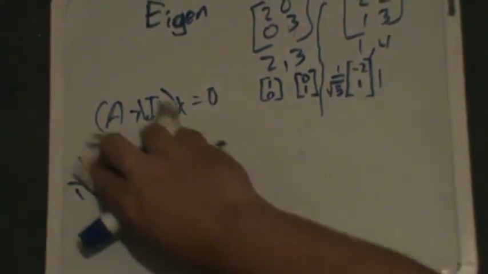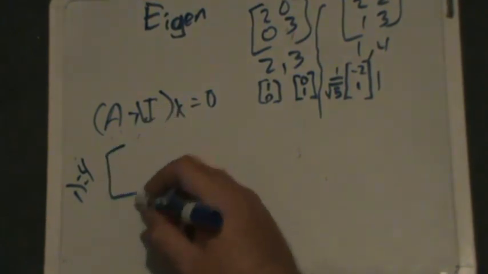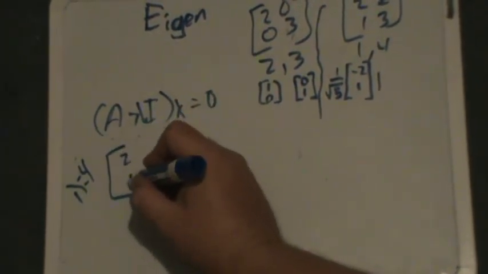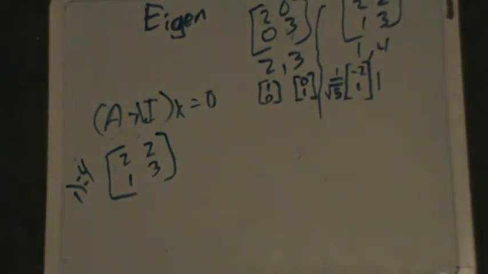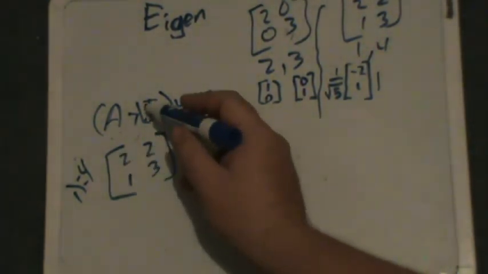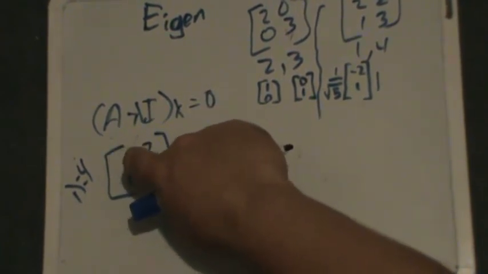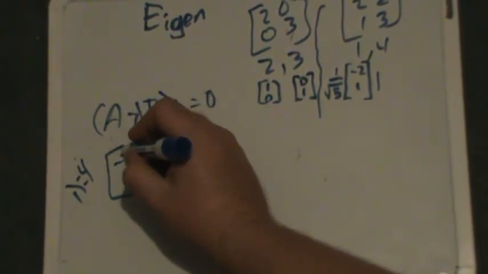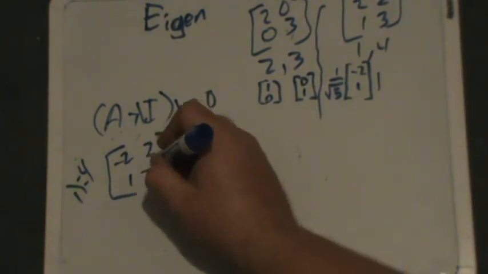Let's do the same thing, except now lambda equals 4. So we start off 2, 1, 2, 3. And then we subtract 4I from the diagonal elements. 2 minus 4 is minus 2. 3 minus 4 is minus 1.